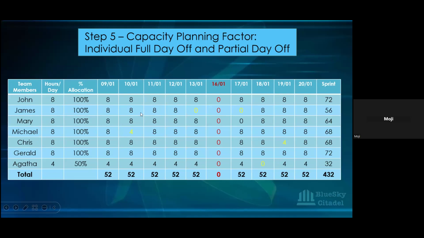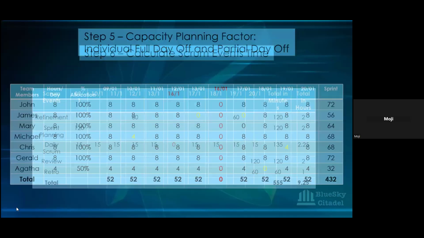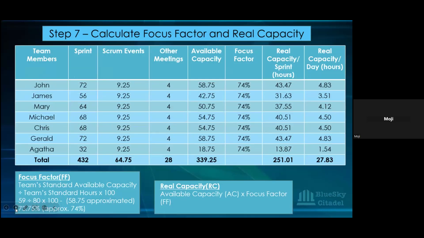So by the time you get to the last one, let me go to the last one that we have that showed us the exact hours per day. Quickly, I'll get there now. I think this was the last one. Yes. So you're coming to their real capacity per day, which is the hours per day.